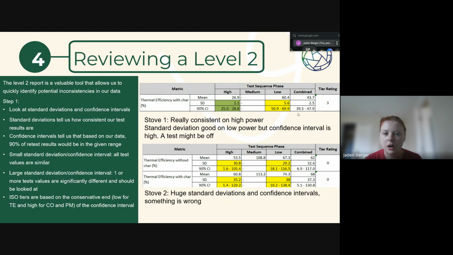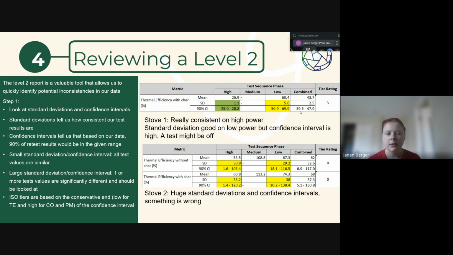But our confidence interval is actually pretty large. We've got about a 20% confidence interval. That's telling me there's probably one test that's a little or pretty significantly off from the others that might be impacting our results here. And I should probably go and look at that test and see what's happening.